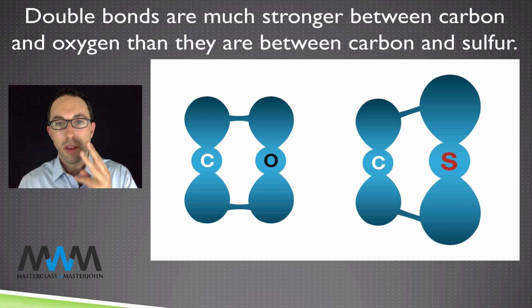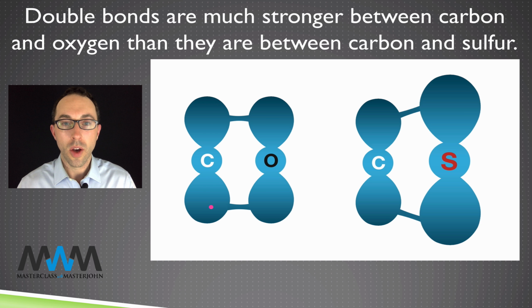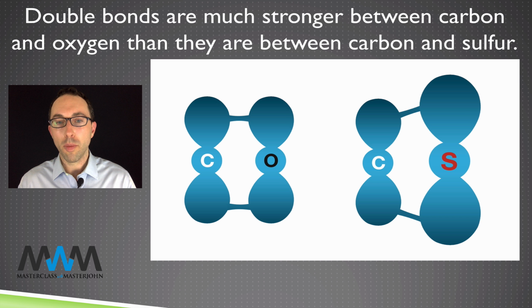Now, there are 3 p orbitals in the valence shell of a second row element. And so one is going to occupy the vertical axis, one is going to occupy the horizontal axis, and one is going to occupy the depth axis. And what's shown on the screen is not a double bond itself, but is the second bond of a double bond.